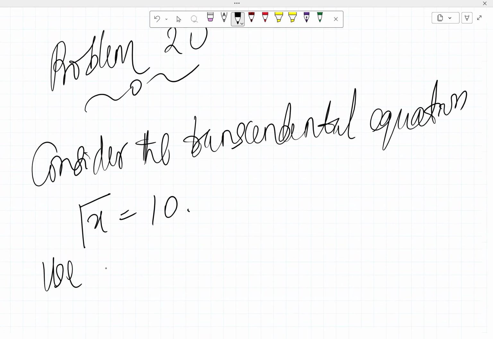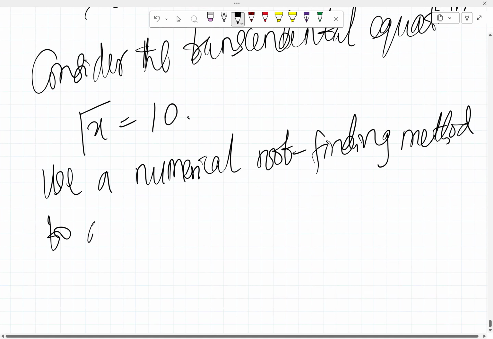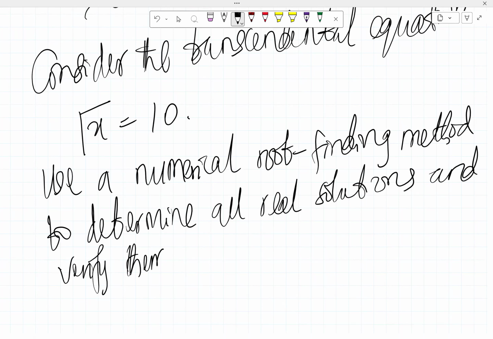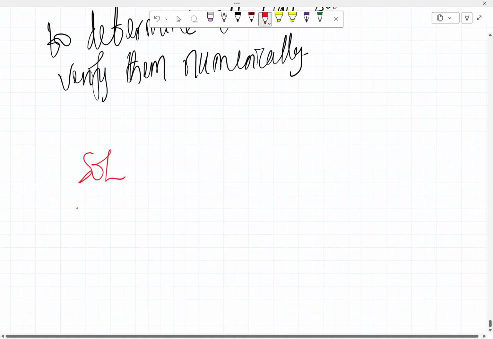So we need to use a numerical root finding method to determine all real solutions and verify them numerically. Okay, let's move on with that now.